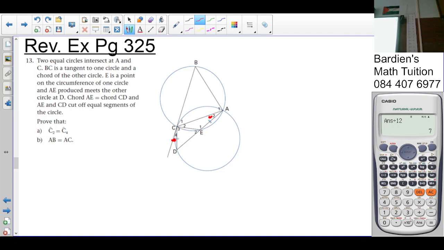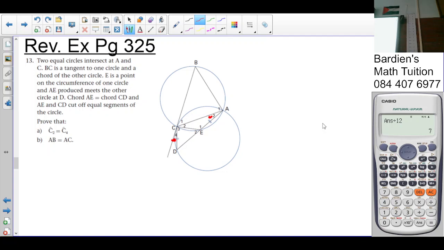Then we are told E is a point on the circumference of one circle and EA produced meets the other at D. Chord AE is equal to CD. If that is equal, what do we know? Equal chords, equal circles, equal angles.